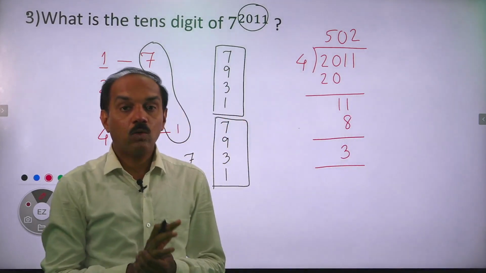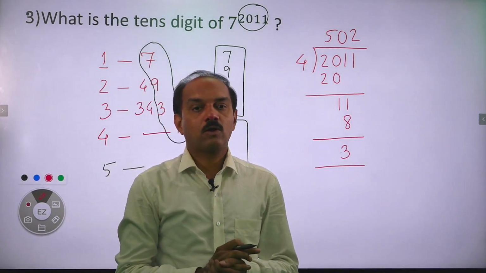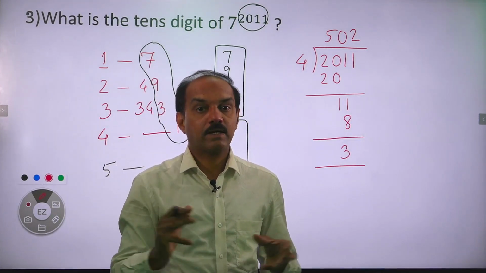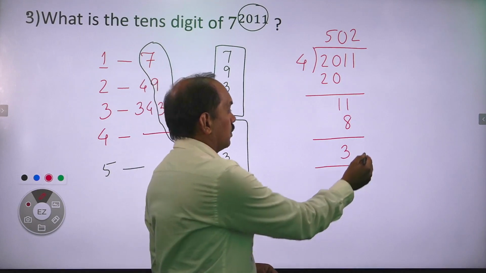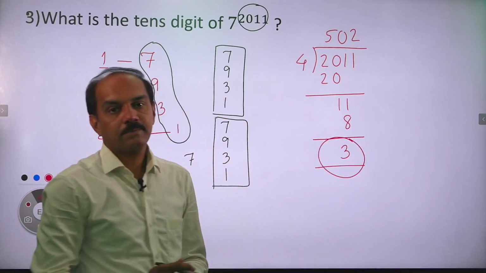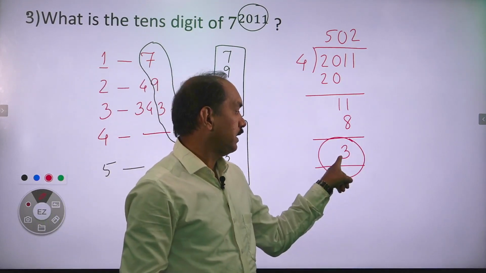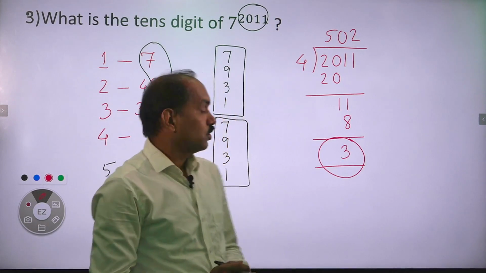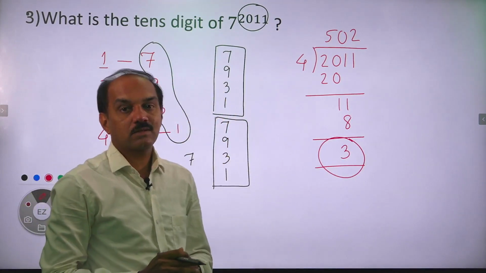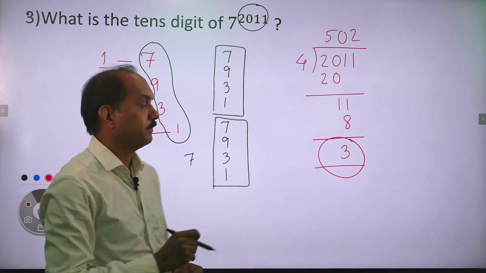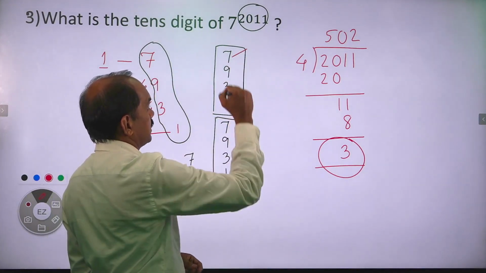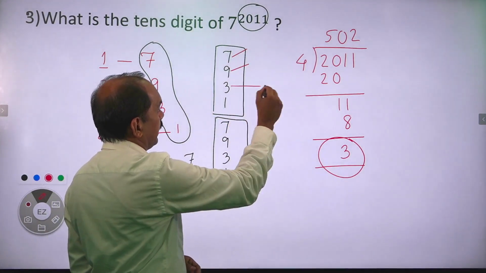Okay, now how to take a call on this 3, how to decide the final answer? So we are concerned with only the remainder here. 3 is the remainder. So check which is the third item in the group. First item 7, second item 9, third item 3.